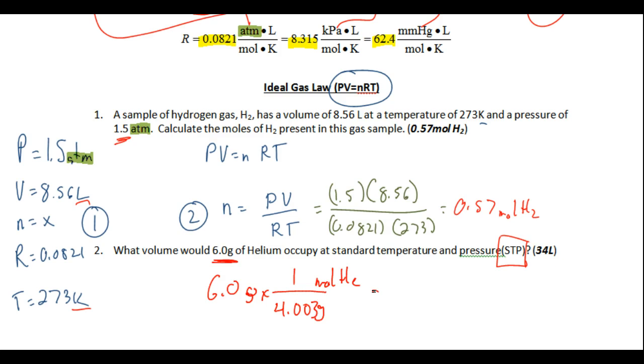And so this equals 1.499, I guess 2 sig figs actually, so 1.5 moles of He, and that equals your n. That'll go into PV equals nRT.